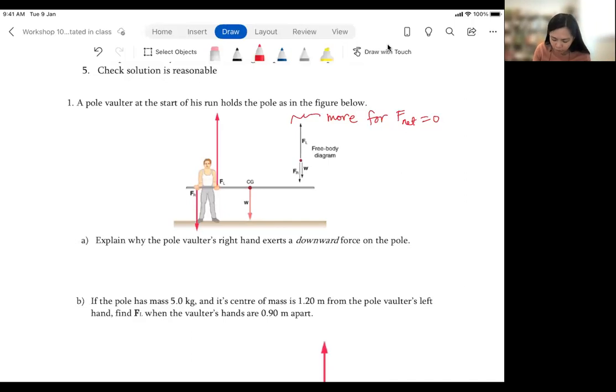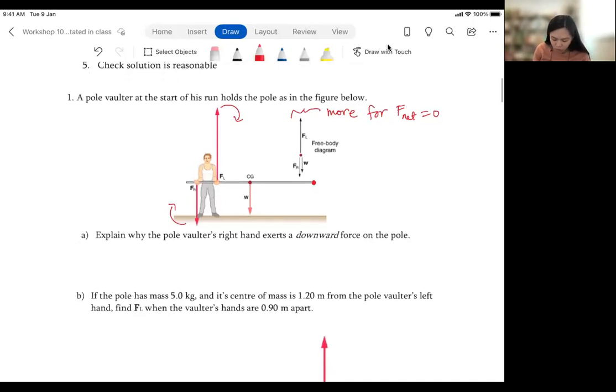So for example, if you take the pivot point to be at the end of the pole, the force on the left-hand side will provide a clockwise torque, whereas the force on the right will provide an anti-clockwise torque, right? So you have counter torques that can satisfy net torque is equal to 0, and you will have equilibrium. So that's the reason why.